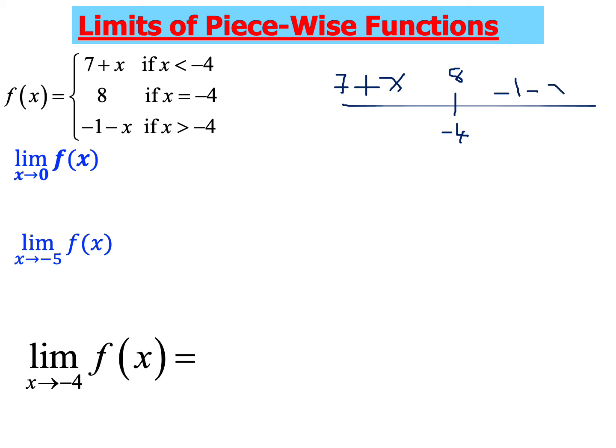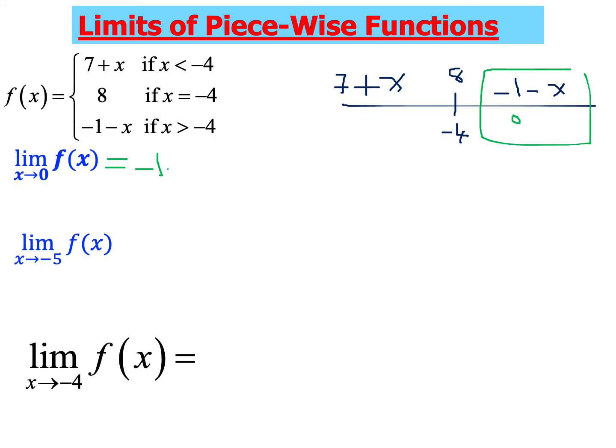If I want to find the limit when x goes to 0, I need to see where 0 is in our function. 0 is here, so I will use only one function, which is -1 minus x.